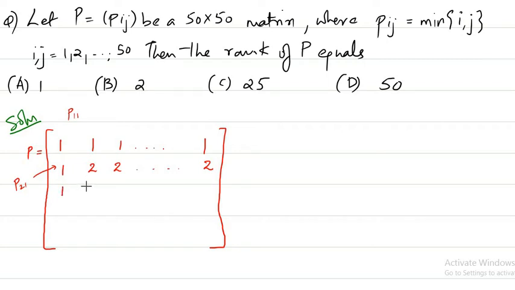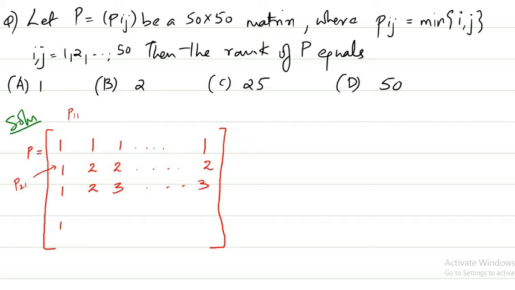Here we have 3 and 2, so the minimum is 2. Then the remaining will be completely 3, because the minimum of 3 and 3 is 3, the minimum of 3 and 4 is 3, and so on.